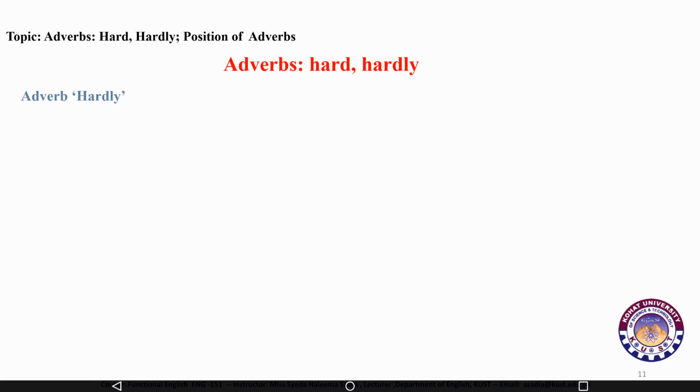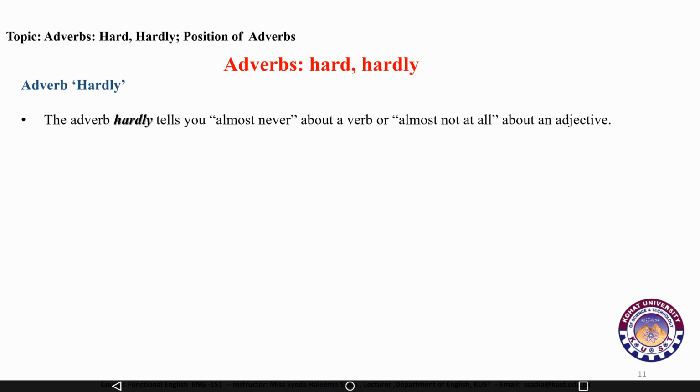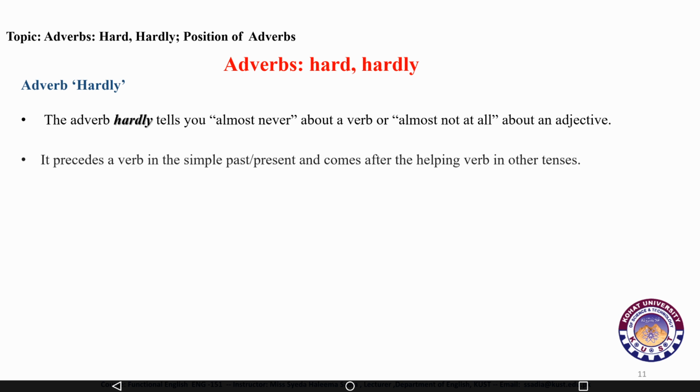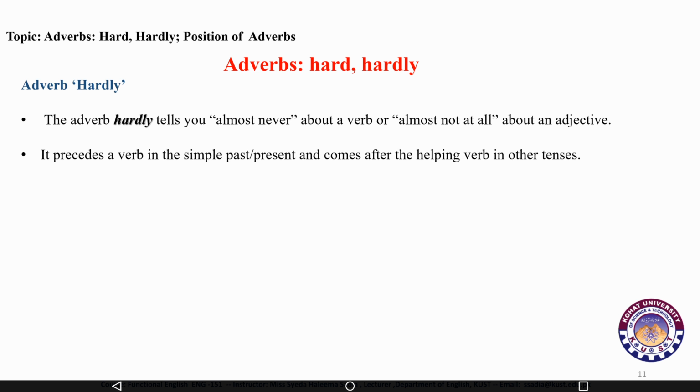Then hardly. The adverb hardly tells you almost never about a verb or almost not at all about an adjective. It precedes a verb in the simple past or present and comes after the helping verb in other tenses.